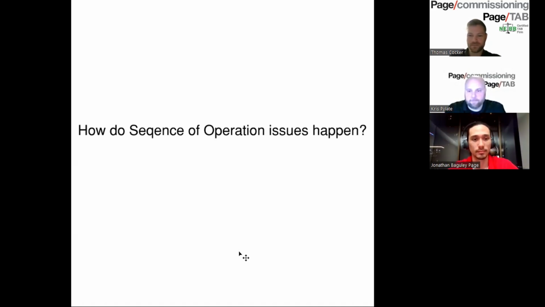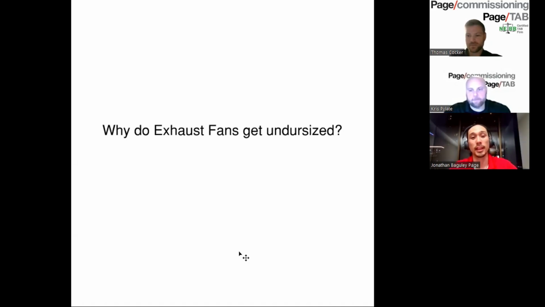Next question. Why do you undersize exhaust fans? Yeah, so again, I don't usually undersize exhaust fans, but I can see how some engineers do. When we start a project in the DD phase, not all the ductwork's laid out yet, so there's a generic static pressure that gets put onto the drawings, and then if there's not enough time or sense of mind to go back and change it, that might accidentally get left on drawings.